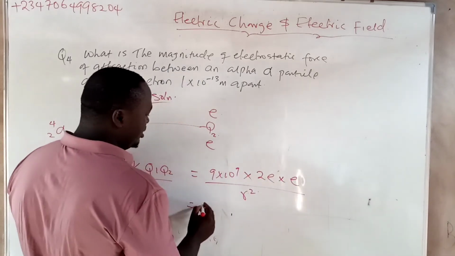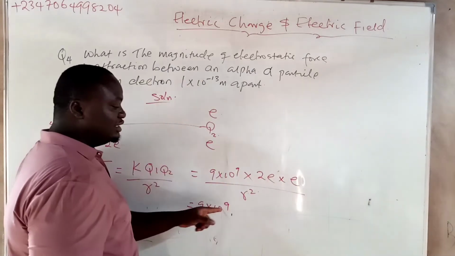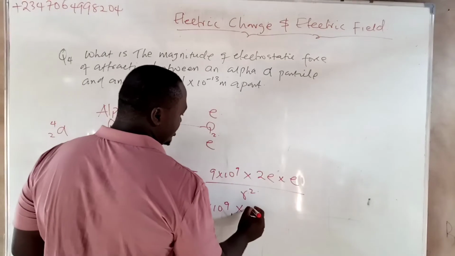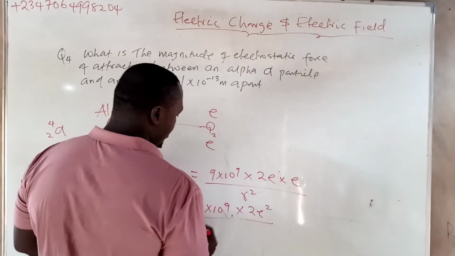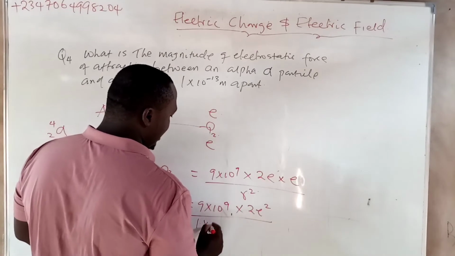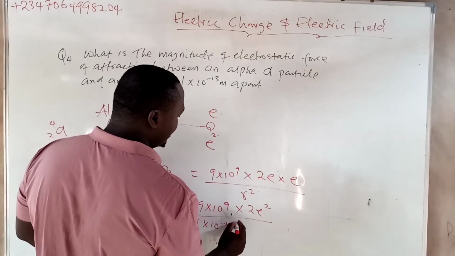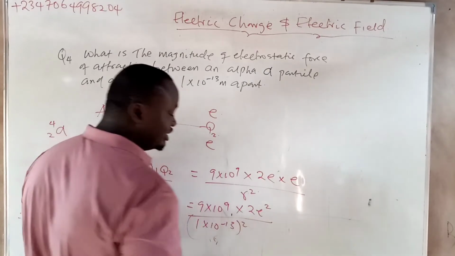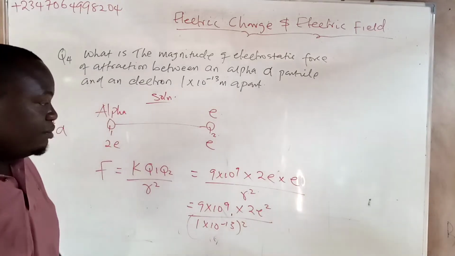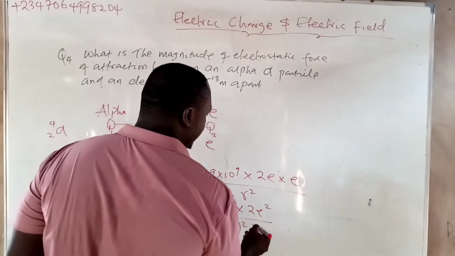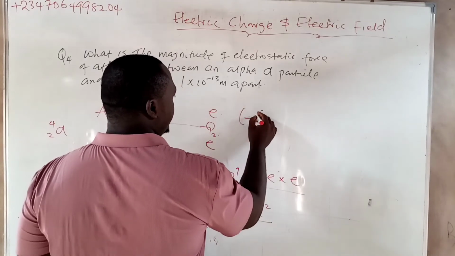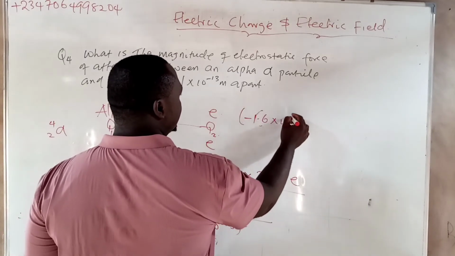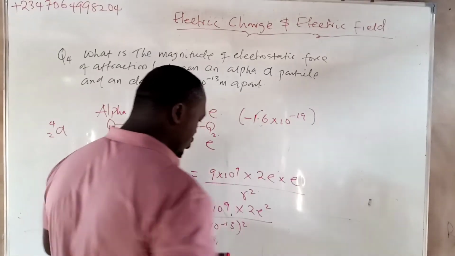Now this will give me 9 times 10 raised to the power of 9 times 2e squared all over 1 times 10 raised to the power of minus 13. Remember, everything is in square. Now remember that the charge of an electron is minus 1.6 times 10 raised to the power of minus 19 coulombs.